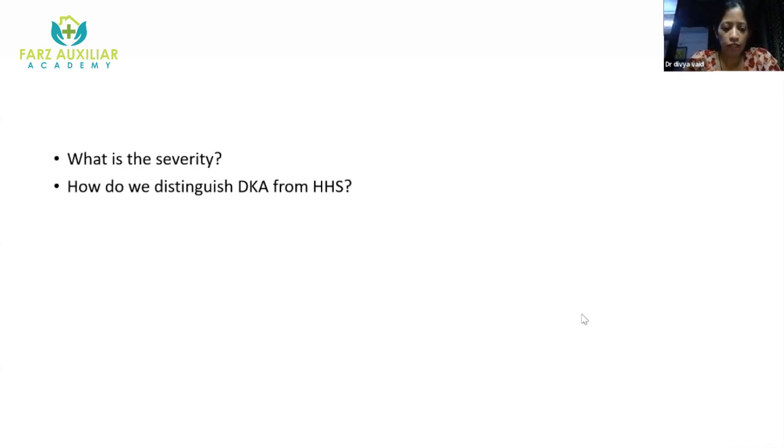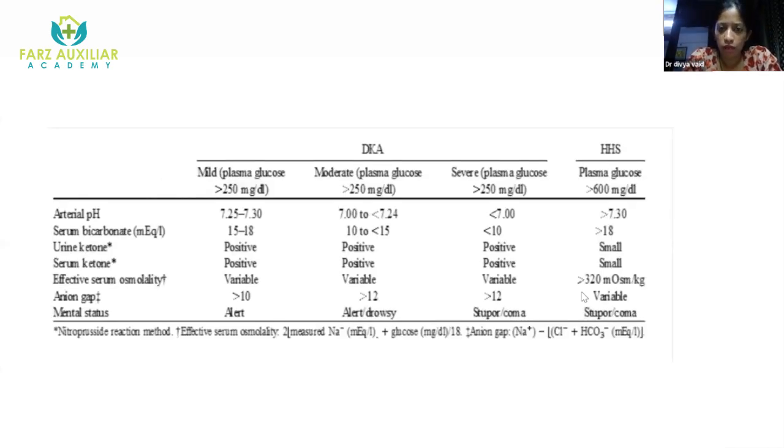And what is the severity? How do we know the severity? This is how we stratify DKA into mild, moderate, and severe. That stratification is based on the severity of the acidosis and the mental state.